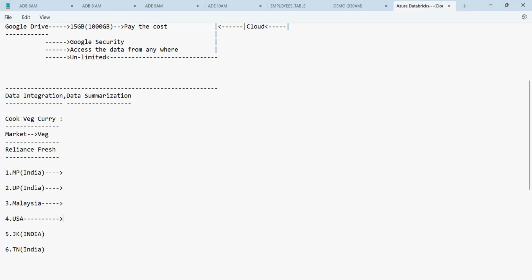So now, guys, when you bring all these vegetables from various locations and make them available at a particular place, can we say this is a process where the vegetables are brought under one roof? Can you call this an integration process?